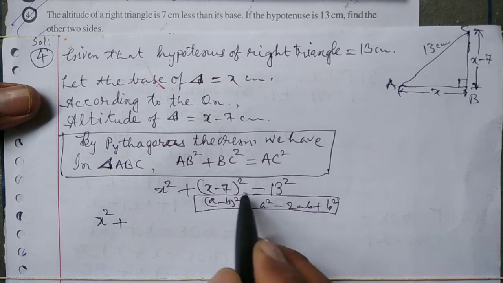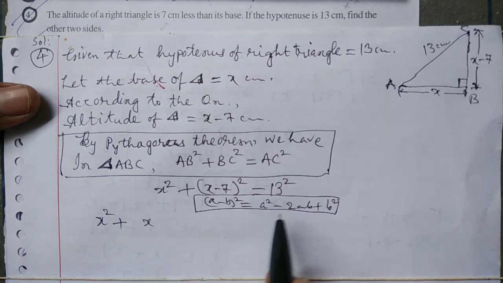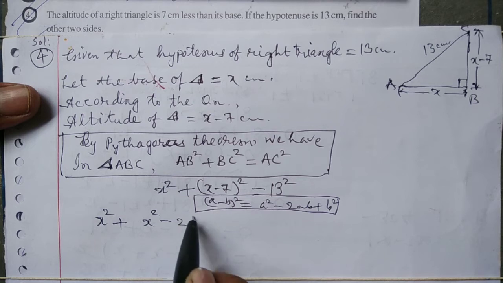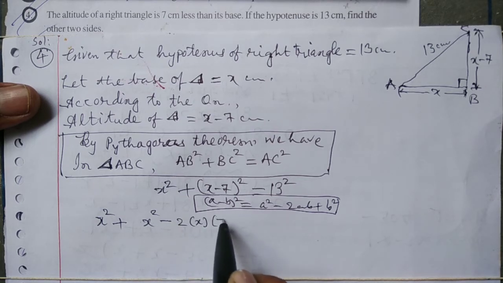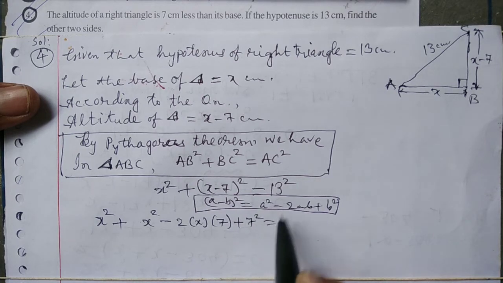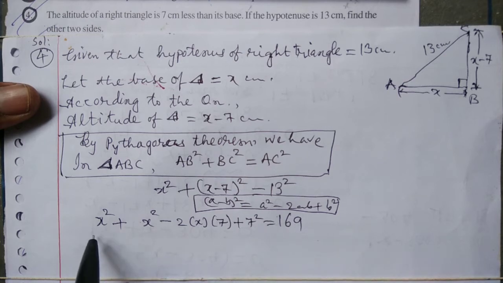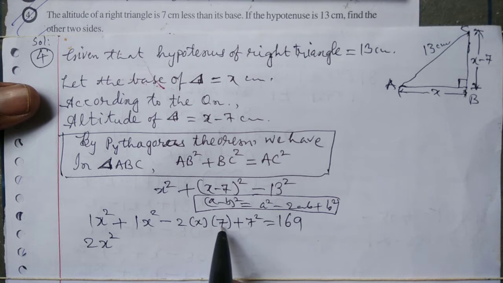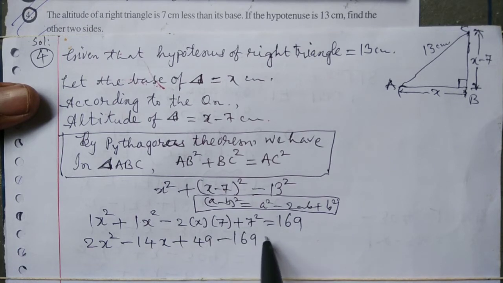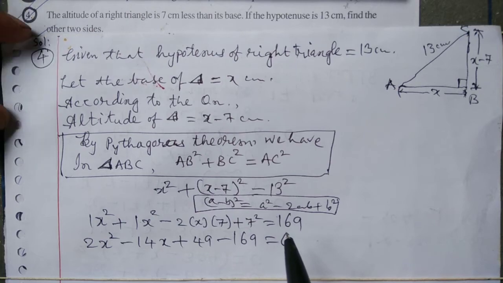So we can expand this like this: x square minus 2 into x into 7 plus 7 square is equal to 13 square, 169. x square plus x square is 2x square, minus 14x, 7 sevens are 49, minus 169 is equal to 0.